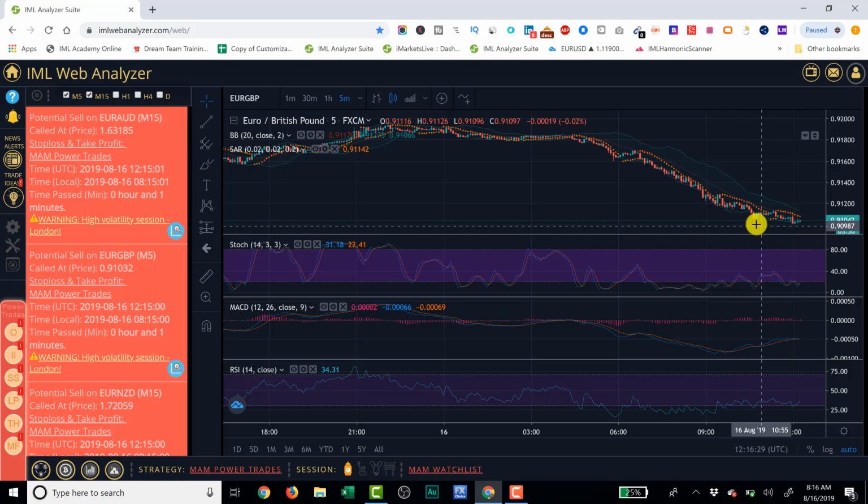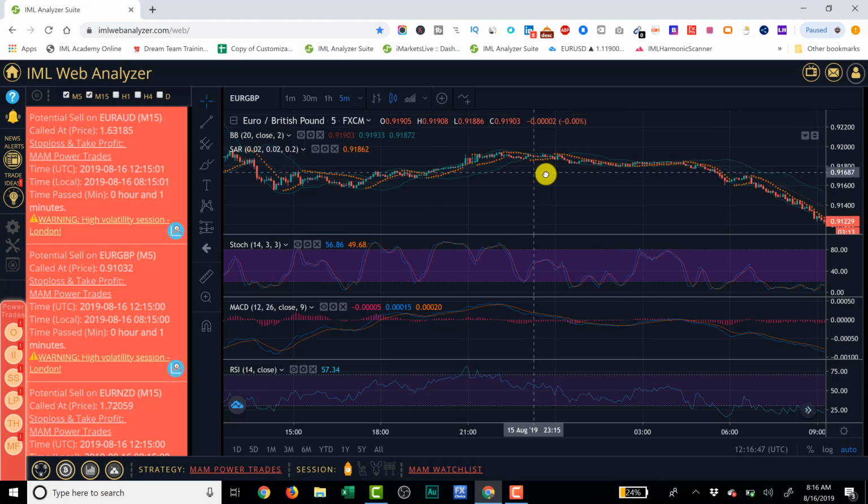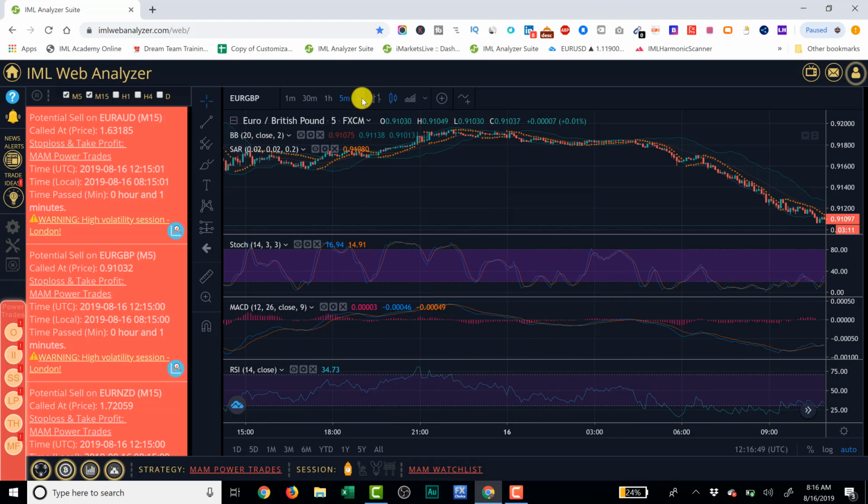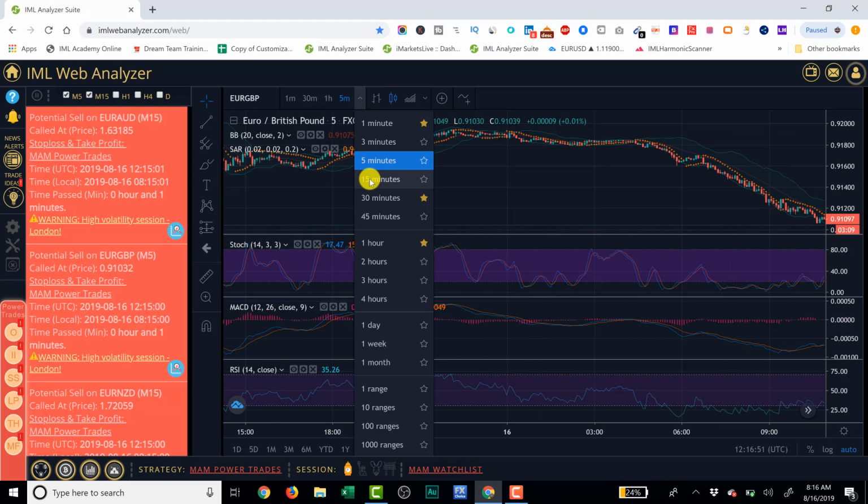The buyers are starting to come back in now. The buyers woke up, like, what's going on? It's still in the downtrend, but it is starting to consolidate a little bit.